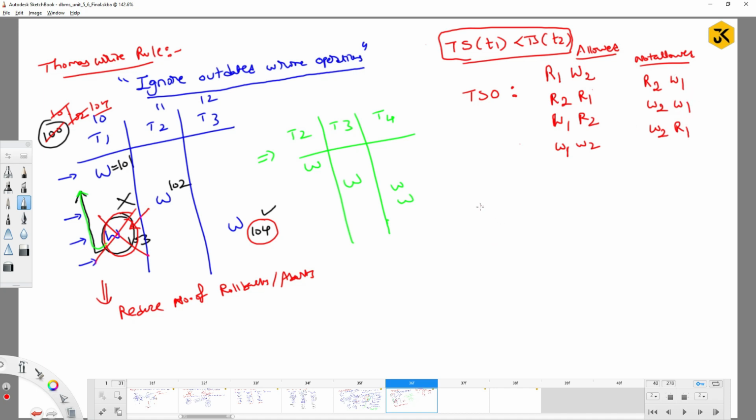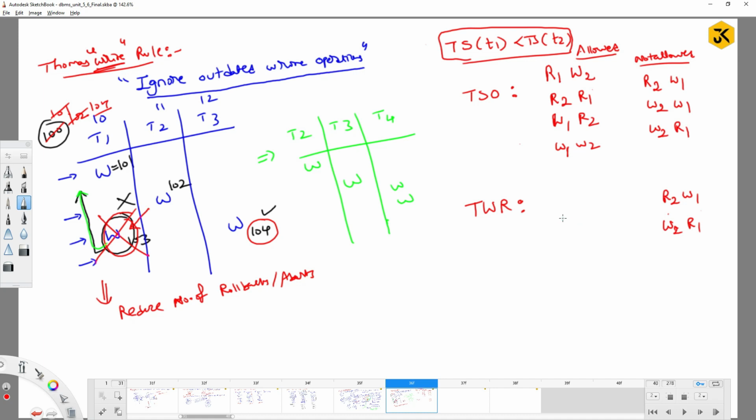Right? In the Thomas Write rule, the difference is that read 2 followed by write 1 is not allowed, and write 2 followed by read 1 is not allowed, right? In the Thomas Write rule, we are always thinking only in terms of write operations.